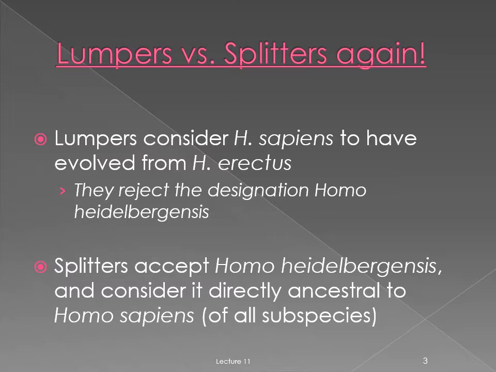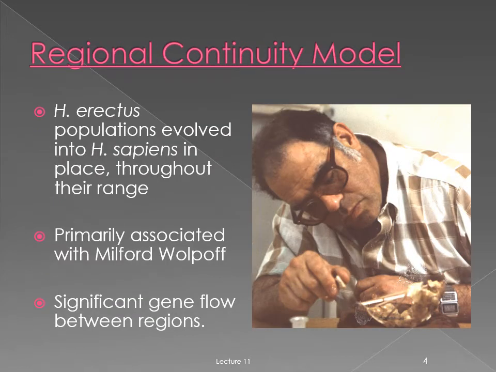There are three broad schools of thought about this final phase of human evolution. Until the 1980s, the dominant theory was the one now called regional continuity, and today it's primarily associated with Milford Wolpoff and his associates.